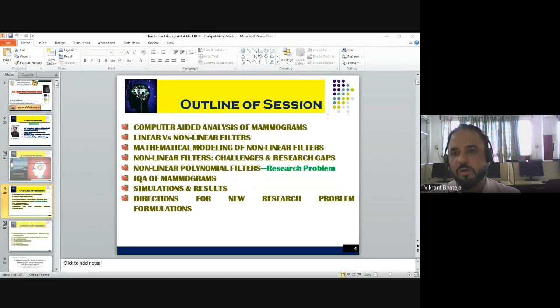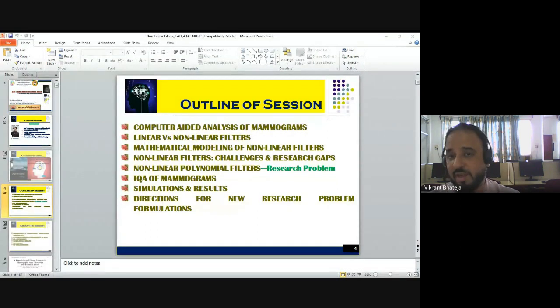Because sometimes we as researchers tend to focus on taking up a very huge or very big application development. But at times, if we focus, there is a lot of scope to research in a particular specific domain of interest as well. And that is the domain that I'll be taking up, that is non-linear filters for medical images.